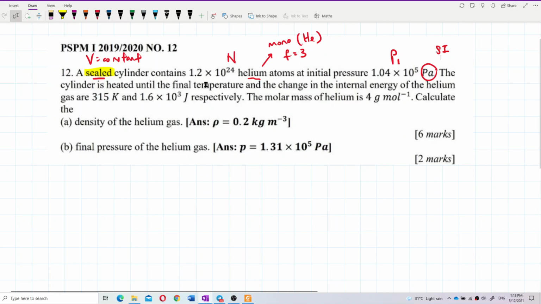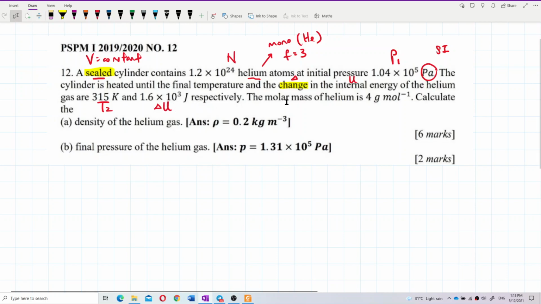So this is the final temperature, T2. And here you see there is a word change. Change in internal energy. So this one is delta U, not the U only, it is the delta U.